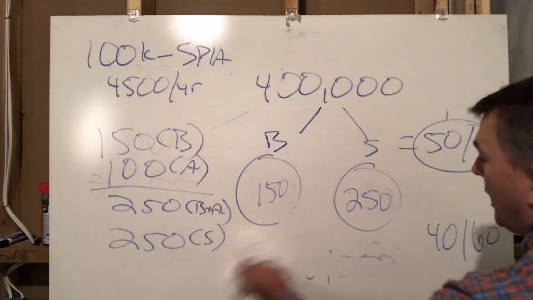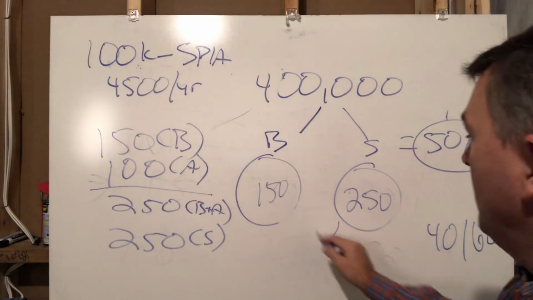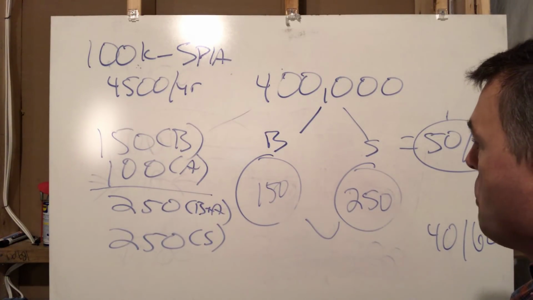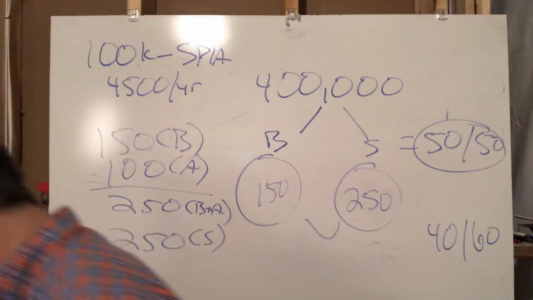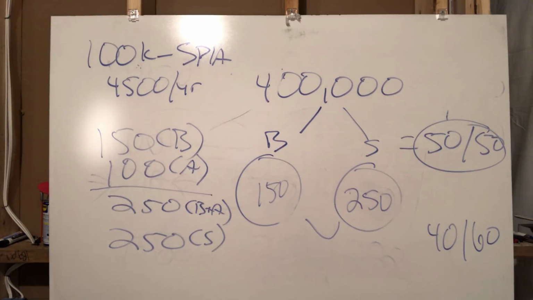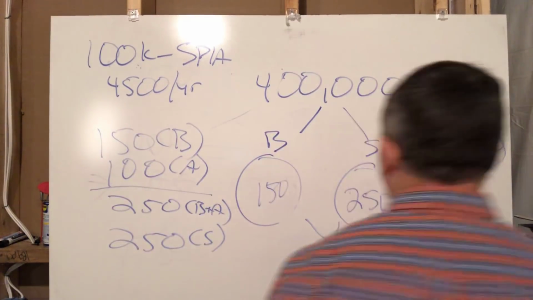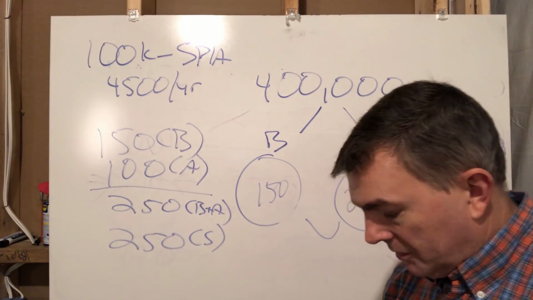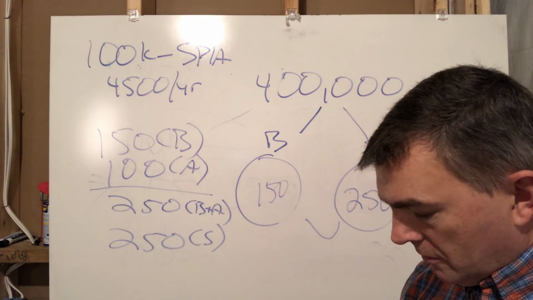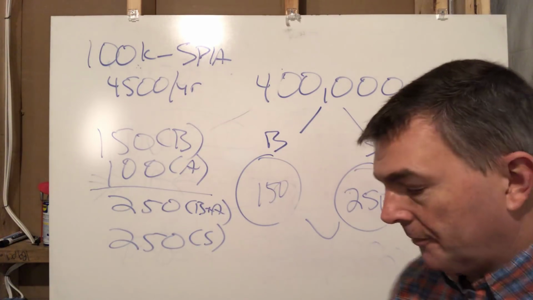And so what this does, though, is they'll say, now you have, what is that relationship there? 59% stocks, is that what that is? Let's see here. So 400,000 bucks, 250 is in stocks, that's 62% stocks.